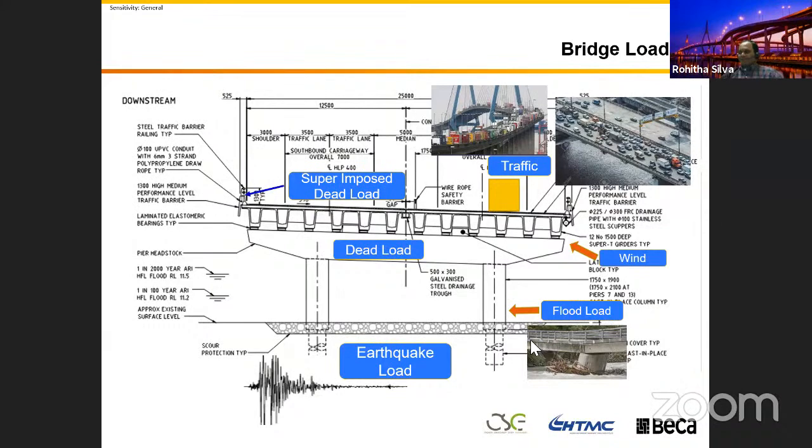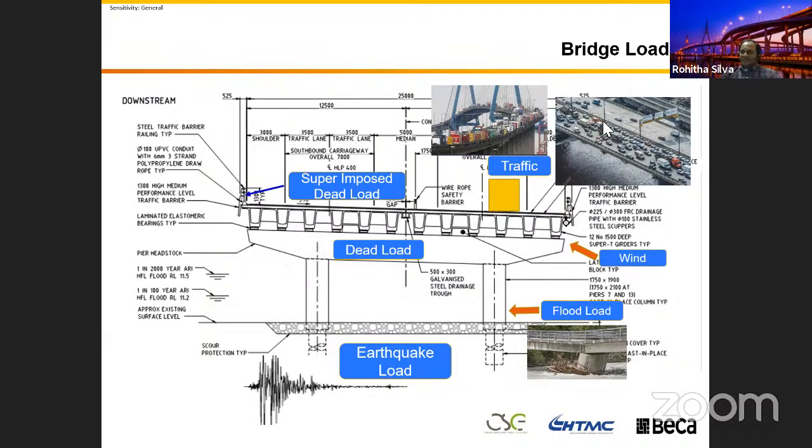If you do not design for the flood, the bridge can end up in a situation like in this picture. In addition to that, you can see the fluctuating load. This is the earthquake load. This is an accidental load that you can't estimate, but you have to design for it.